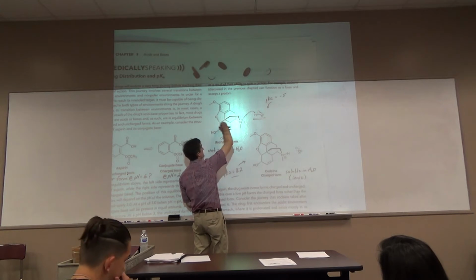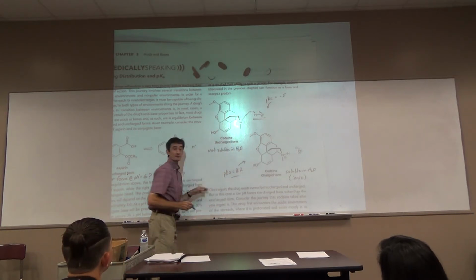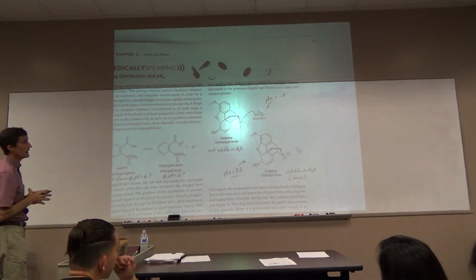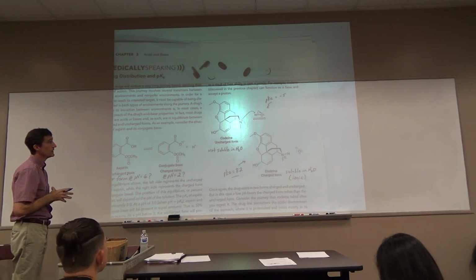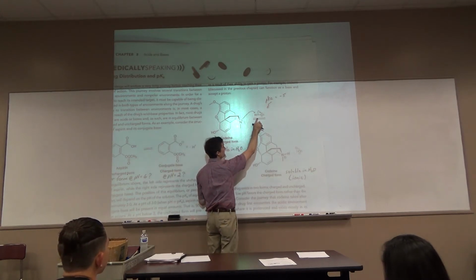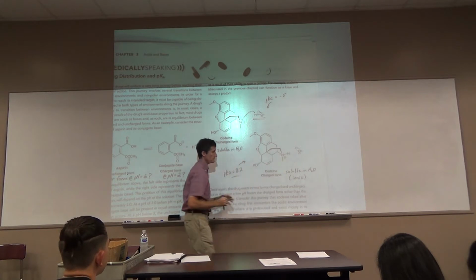What type of properties does this compound have? We've got this nice basic nitrogen. We can react it with an acid, like HCl, and we can get this outcome here.